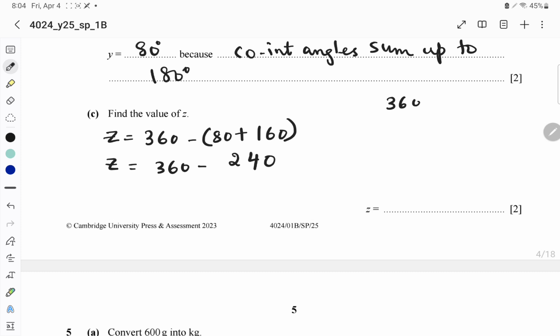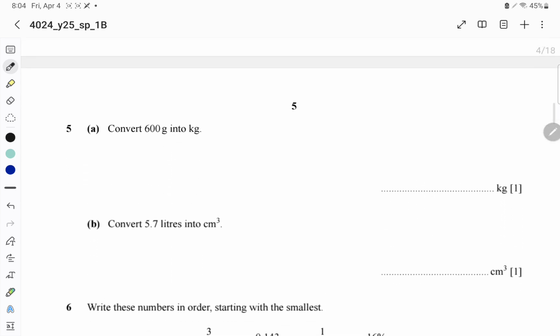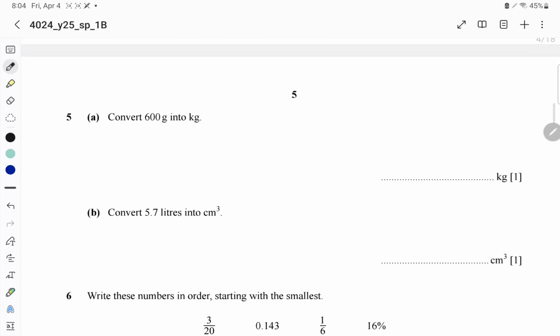So 360 minus 240 degrees will be equal to 120 degrees. 120 degrees is the value for z. All right, okay, now the next question.